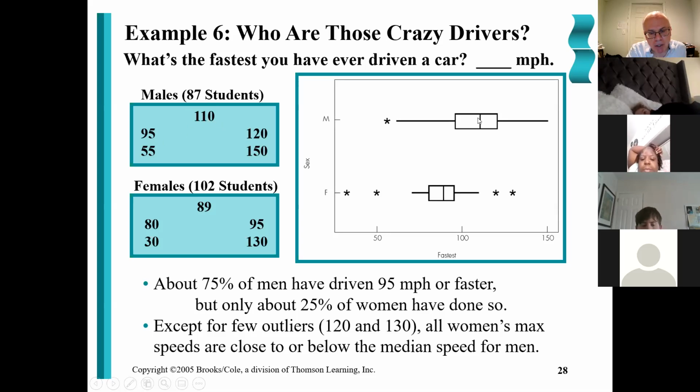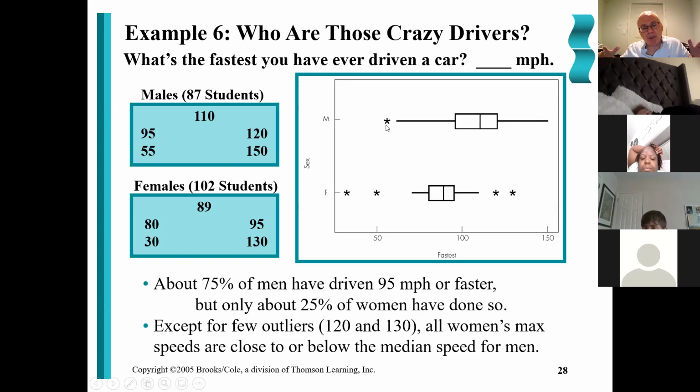The distance from the median to the lowest is 110 minus 55, which is 55. The distance from the median to the largest is 150 minus 110, which is 40. Which distance is bigger? You can even see it here. It's from the median to the smallest.